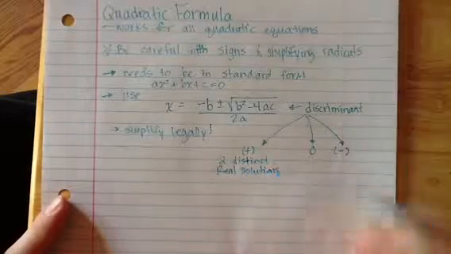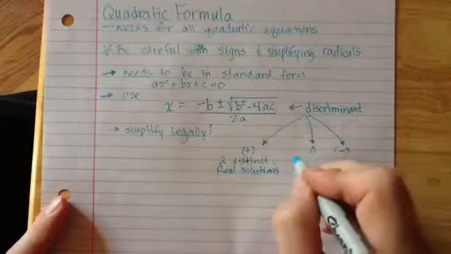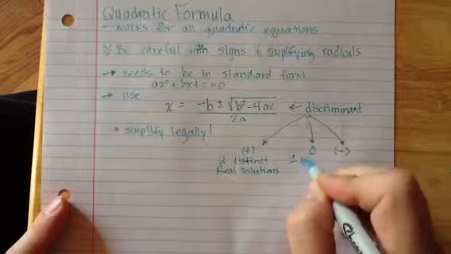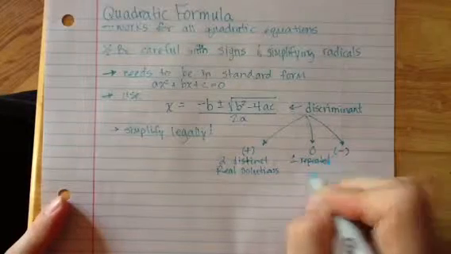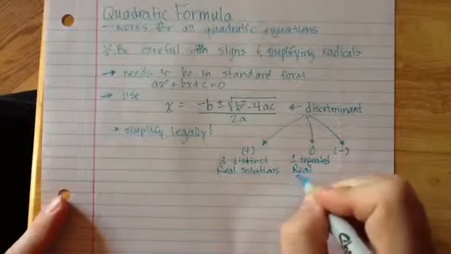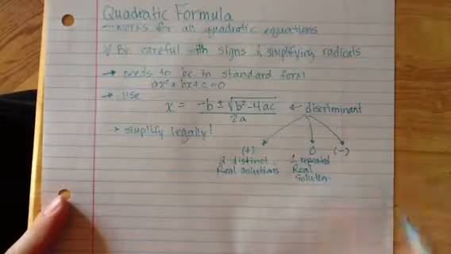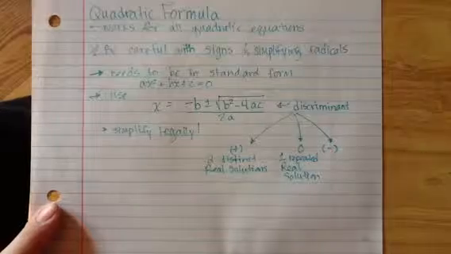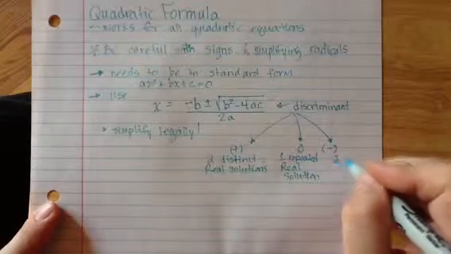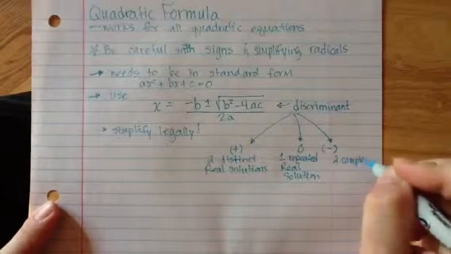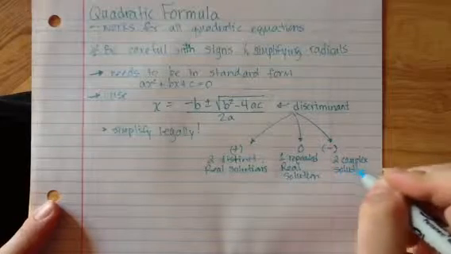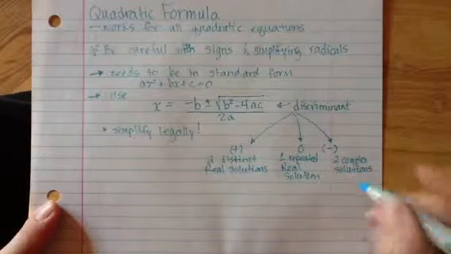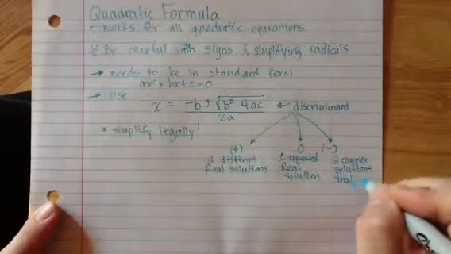When the discriminant is 0, you will get one repeated real solution. And when the discriminant is negative, we'll be taking the square root of a negative number, so we're going to get two complex solutions, and those are going to be conjugates.